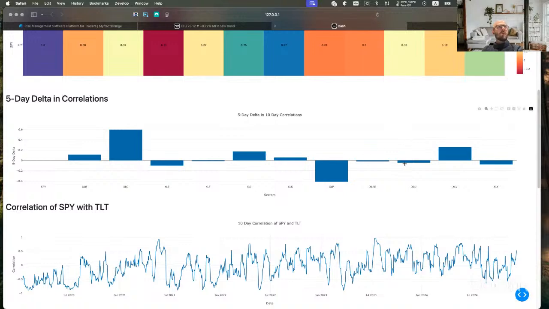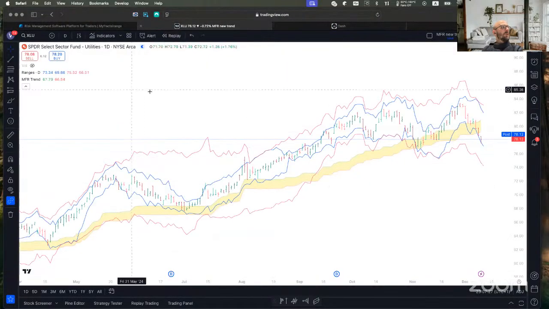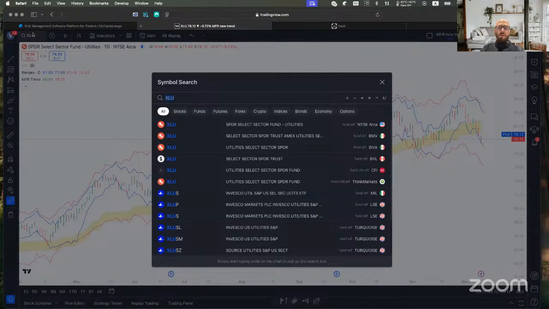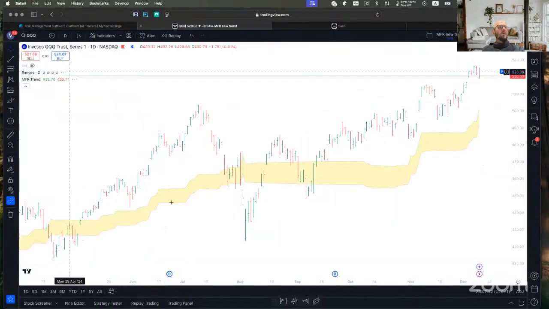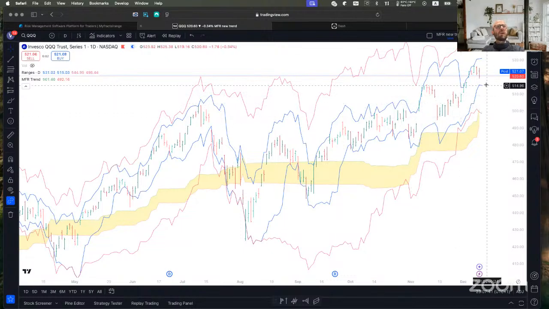A couple of weeks ago, I was talking about that if we finally see a break in XLU, it can actually help tech stocks, and I think that's the case. I think that Nasdaq will be quite strong. So yeah, if we compare Nasdaq, and then we'll take a look at SPY a little bit later, things are looking quite good.